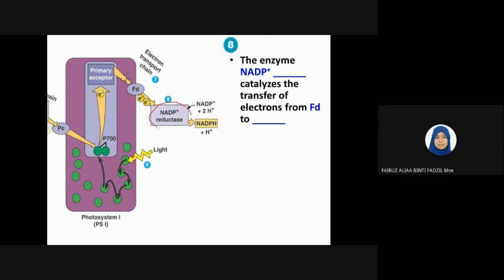NADP plus reductase catalyzes the transfer of electrons from ferredoxin to NADP plus.